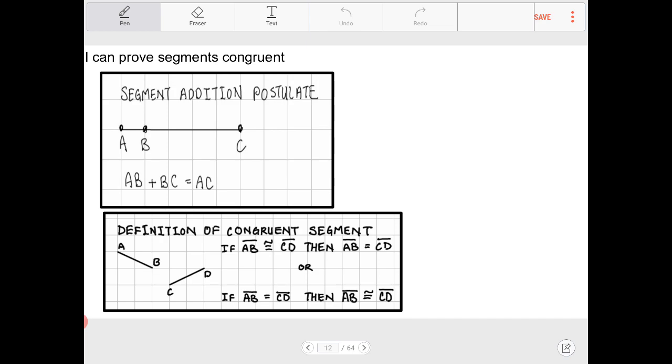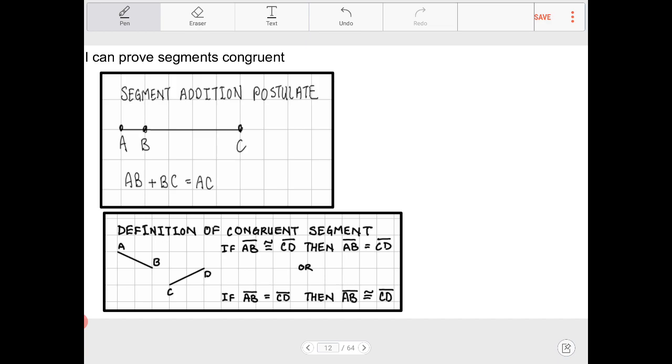Similarly, the next idea I want to introduce is this idea of congruence versus equality, right? Notice I have here that AB plus BC is equal to AC. Well, the reason why I say they're equal is I'm talking about them being equal in lengths.